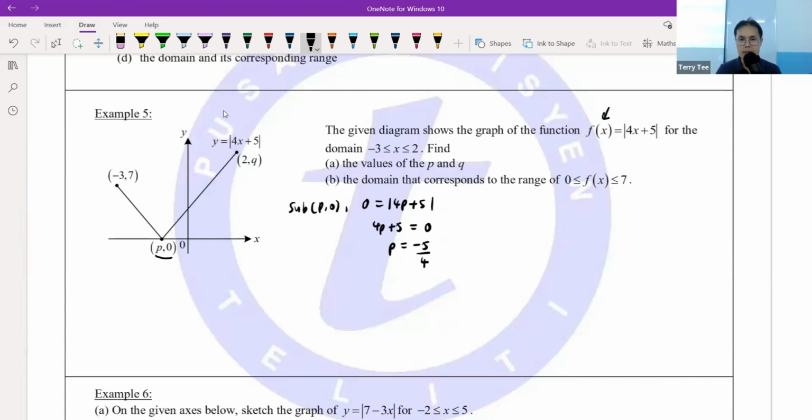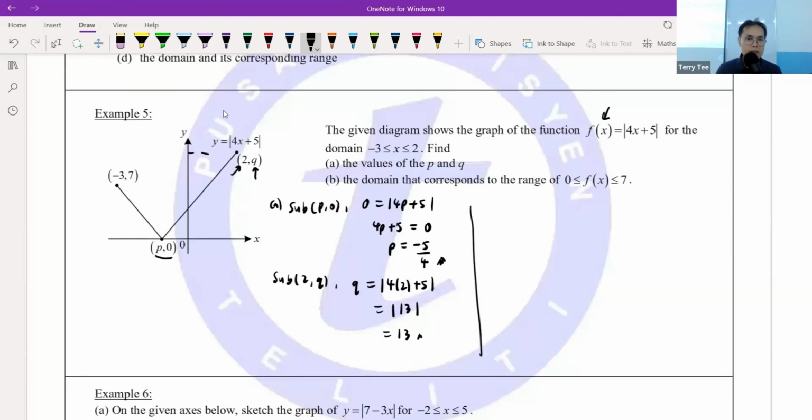So your p is -5 over 4. How about q? Q is your y value when your x value is 2. So we just substitute 2. My y is q when my x is 2. So this is 8 plus 5, which is 13. Modulus of 13 is still 13. Q is 13, right?